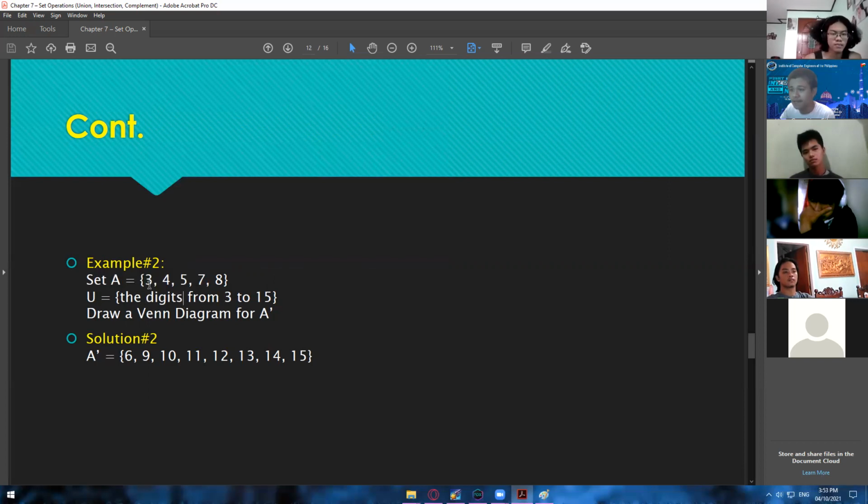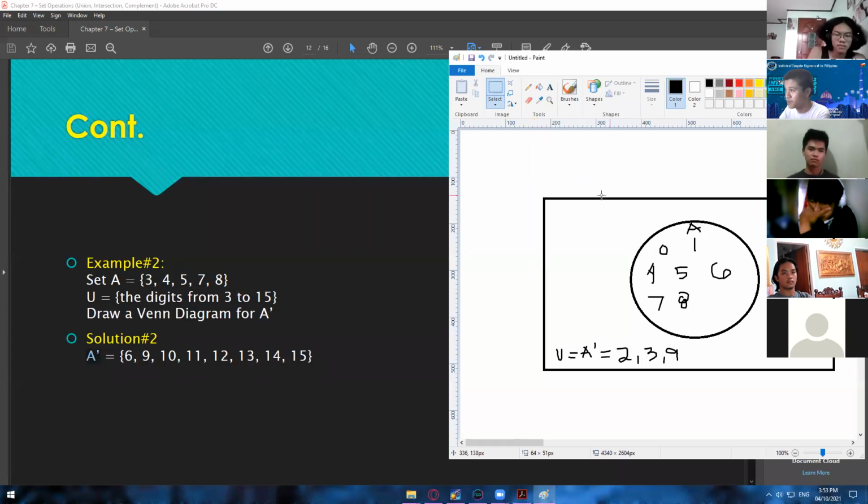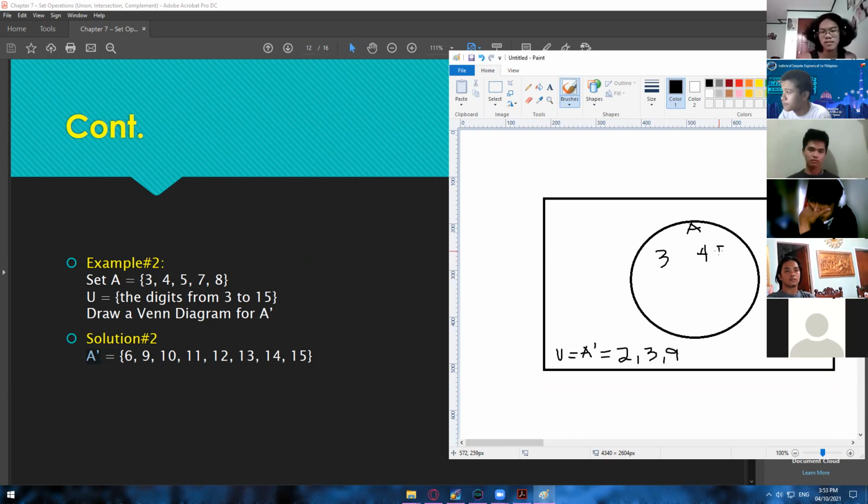So in here we have 3, 4, and then 5, but we don't have 6, so we have to list that one in our A complement. And we have 7 and then 8, but we don't have 9 up to 15. So just list those in our A complement. If you are going to draw the Venn diagram of this one, all we need to do is list all of the given elements of set A, which is 3, 4, 5, 7, and then 8.